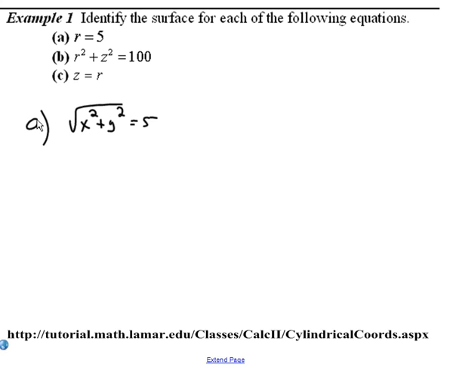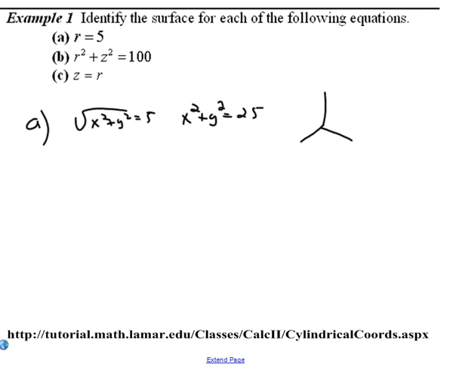That gives me x squared plus y squared is 25, so cross sections perpendicular to the z-axis are going to be circles, and we get a cylinder with a radius of 5, going up the z-axis and centered around that z-axis. So this is a cylinder.